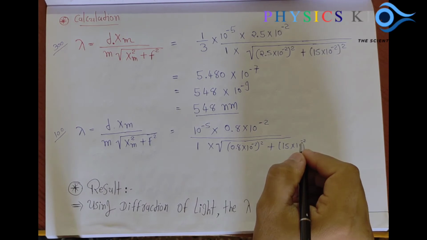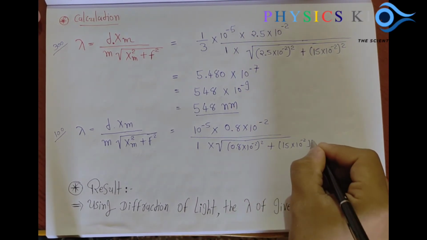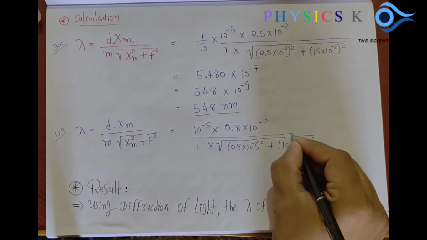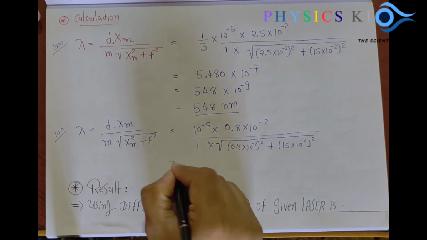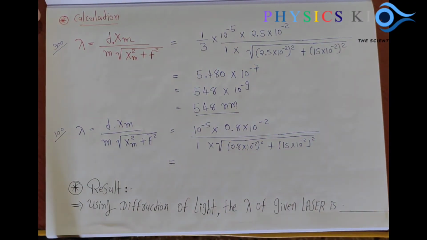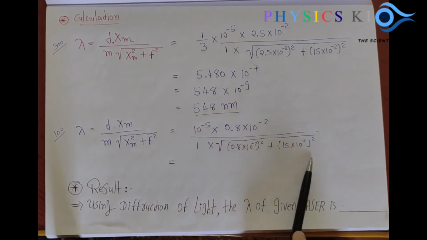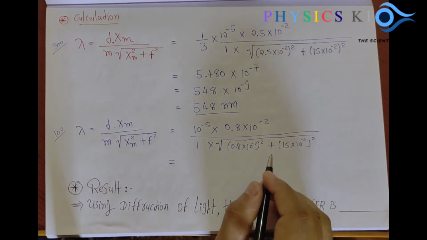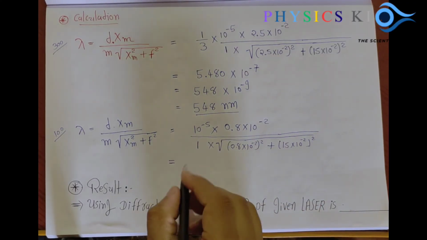Okay, so this one is my value in this equation, and I am using the calculator. Just simplify the root and square, and first I simplify the powers, 10^-5 and 10^-2, it became 10^-7.